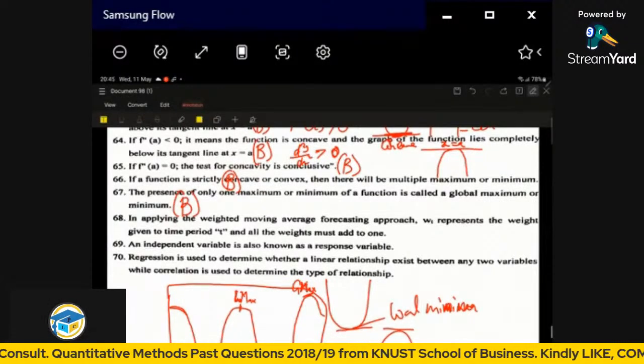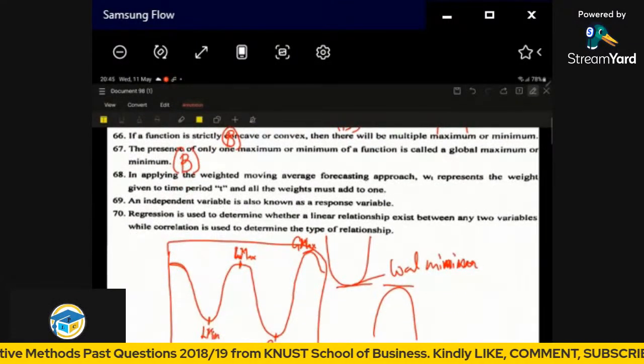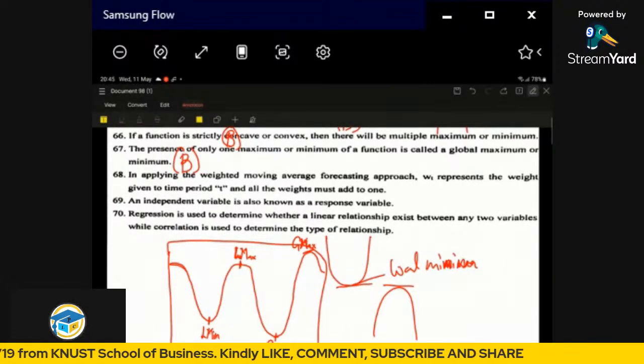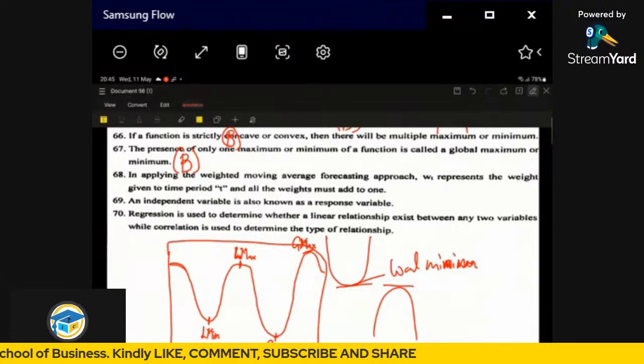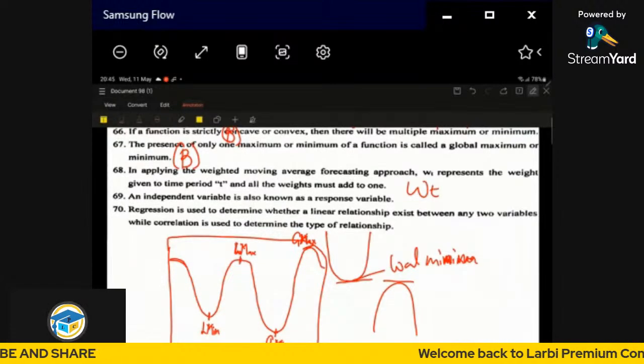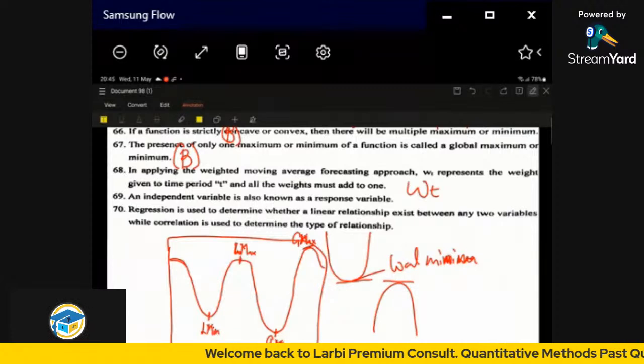Perfect. Right. Now, question 68 is saying that in applying the weighted moving average forecasting approach, WT represents the weight given to a time period, as I was saying, and all the weights must add up to one. And that is true.